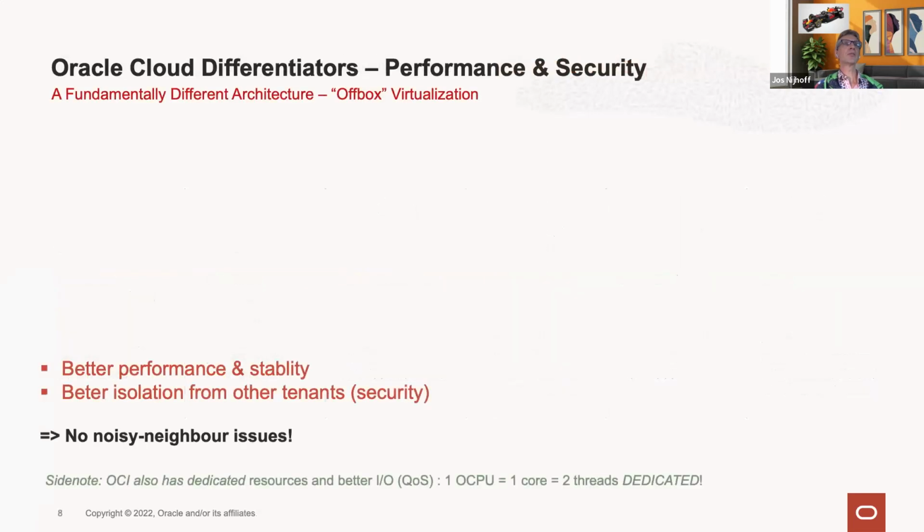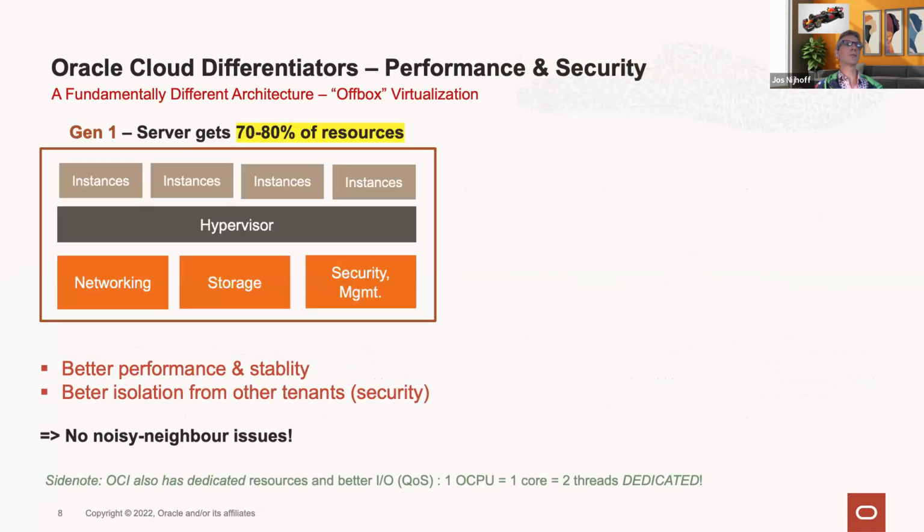Going a little bit deeper into that, what is different in Oracle Cloud is that in first generation cloud, everything is done by the hypervisor. In a cloud, you have multi-tenancy, so you have lots of customers running on the same hardware.